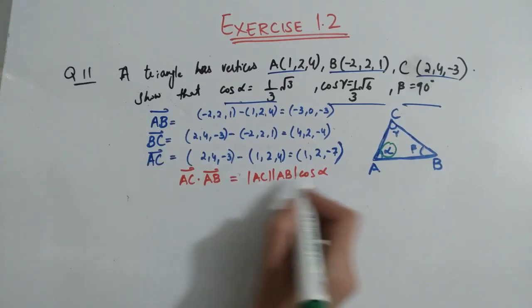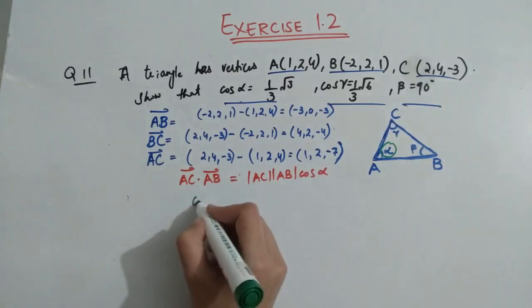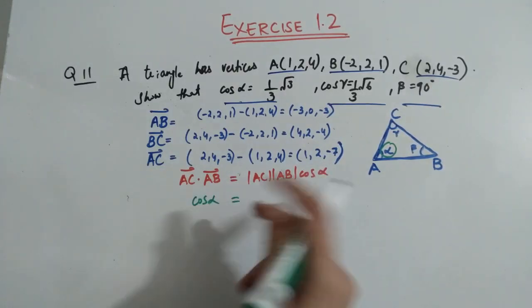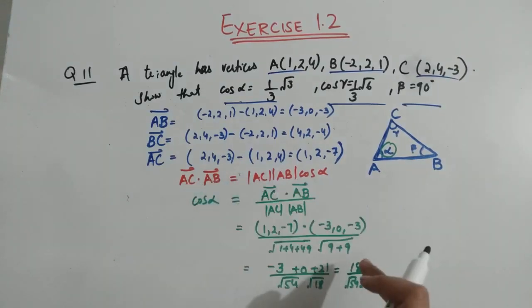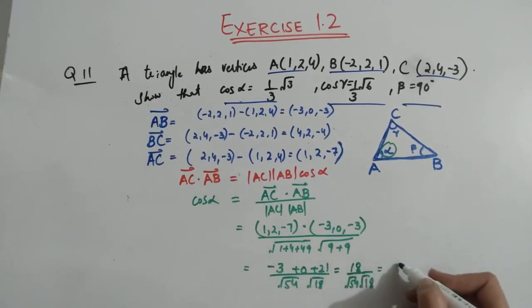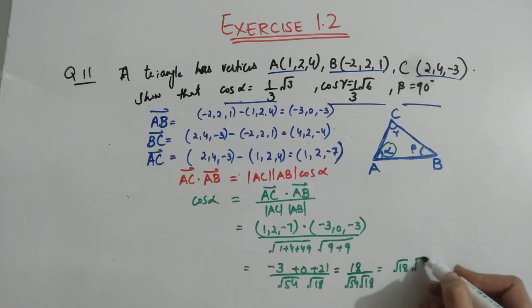So after separating cos alpha from here and putting the values of dot product and its magnitudes, you will find the answer as 18 over square root 54 and square root 18. You can write this square root 18 two times for the sake of simplification.